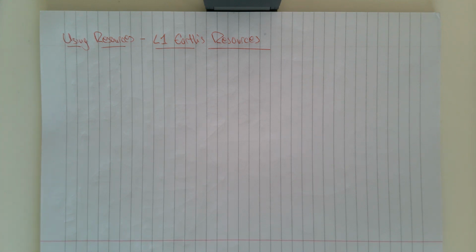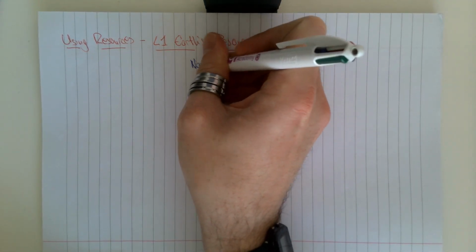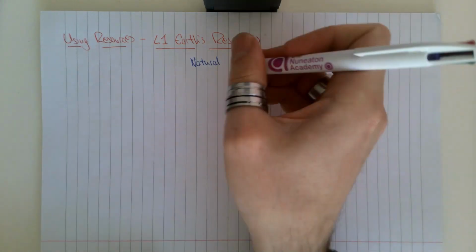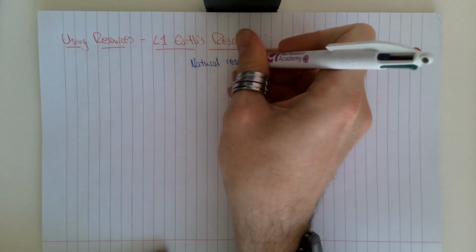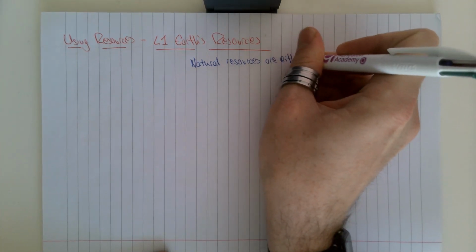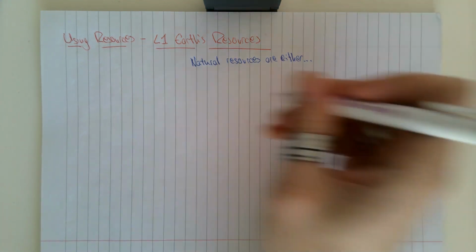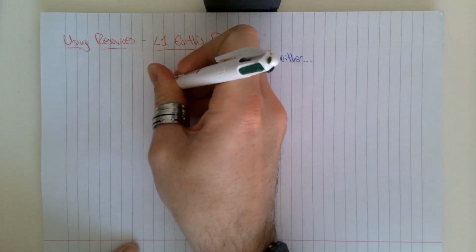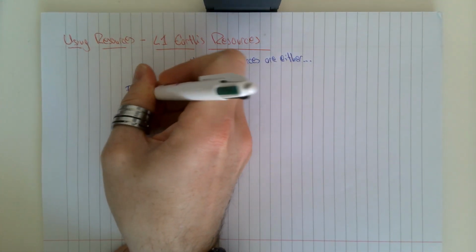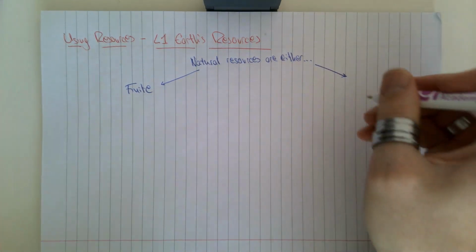Okay, so first thing to bear in mind is we're going to talk about natural resources. Now, if you write a little sentence at the top of your page, it says natural resources are either. Now, in terms of what you know from science already, you know that we often describe resources that we find on and in the Earth in two distinct categories: finite and renewable.